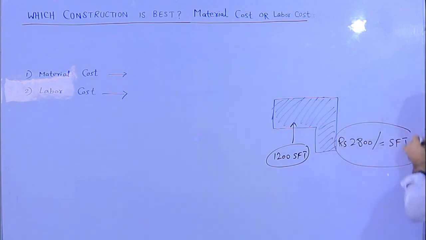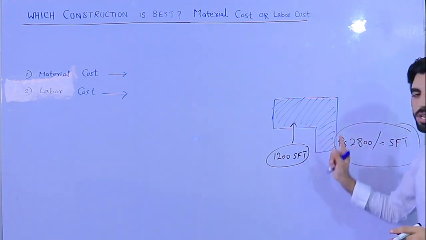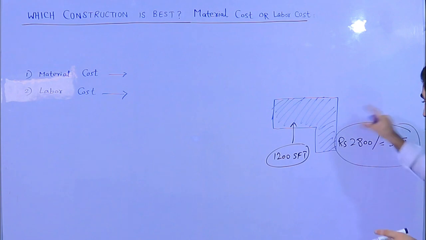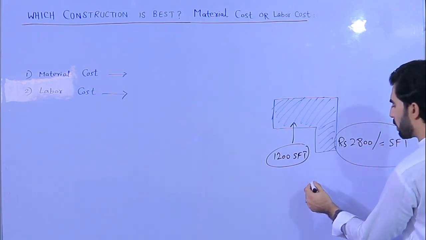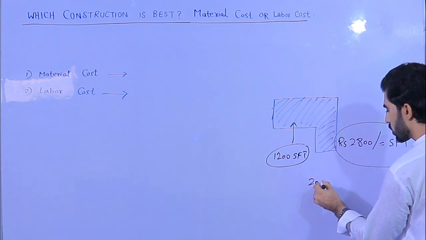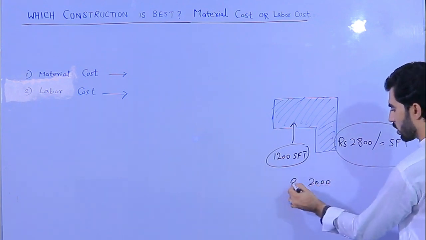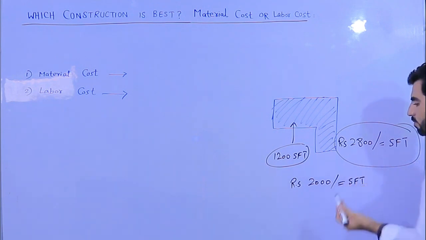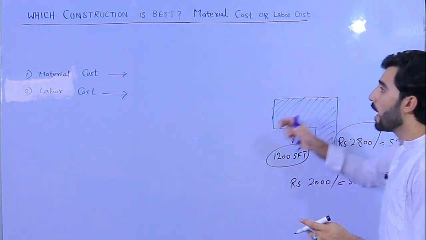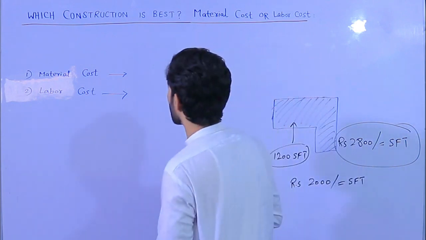This is the cost of construction for 1 square feet on a covered area basis. For the normal house you can pay about 2000 rupees per square feet.